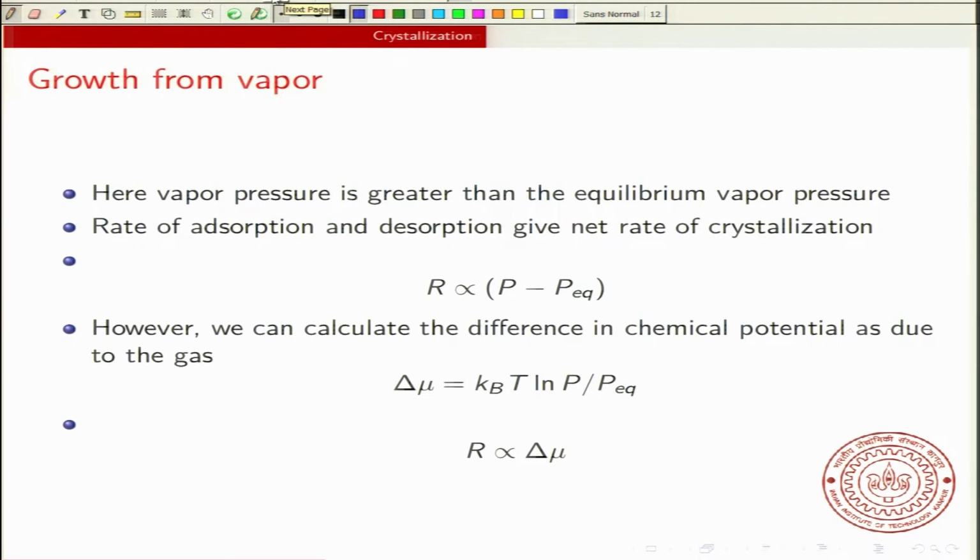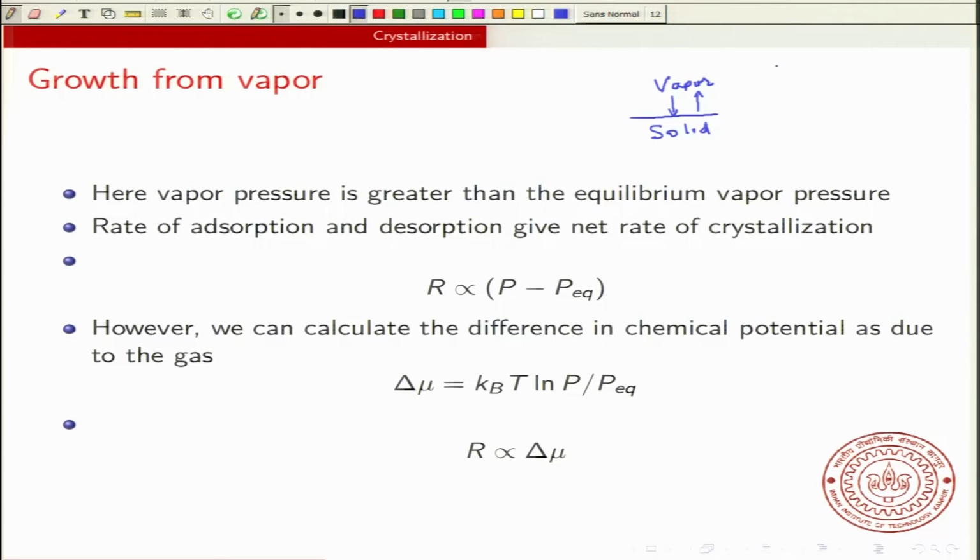Suppose you have a solid and a vapor above the solid. What we are looking at is deposition from the vapor, and desorption from the solid. So you have these two processes: adsorption of vapor onto the solid and desorption of solid into the vapor.